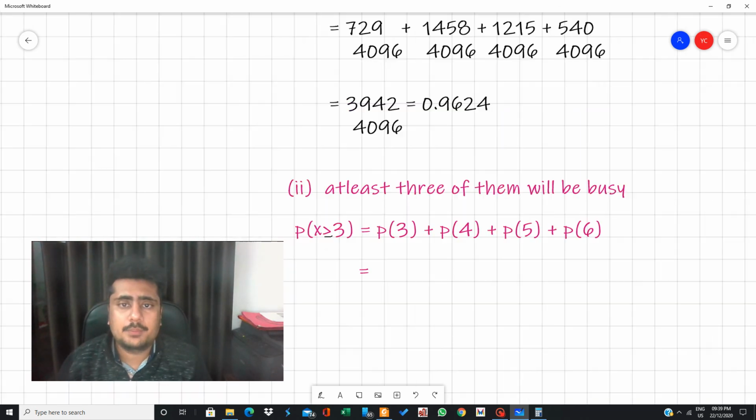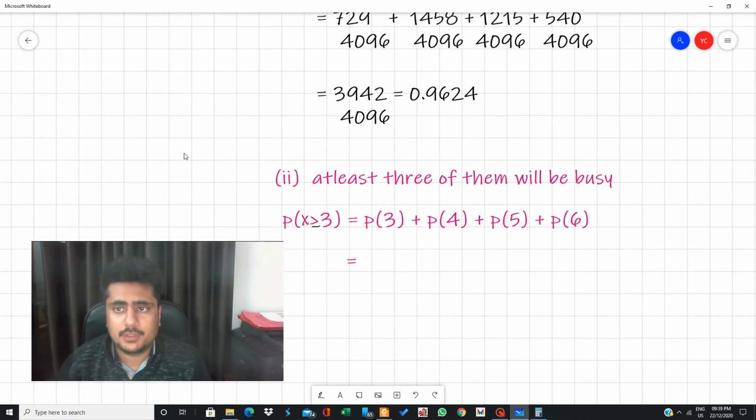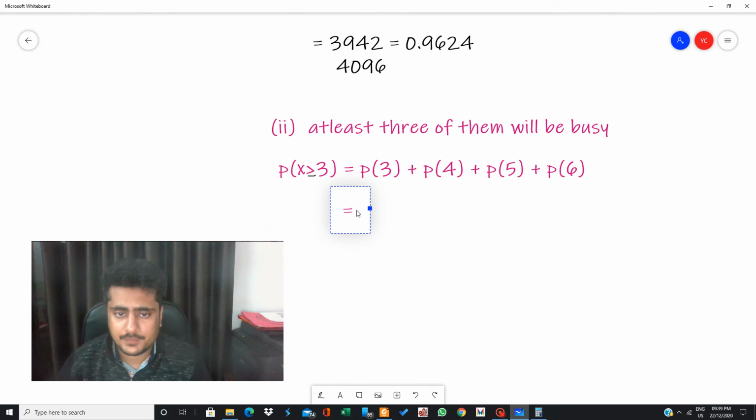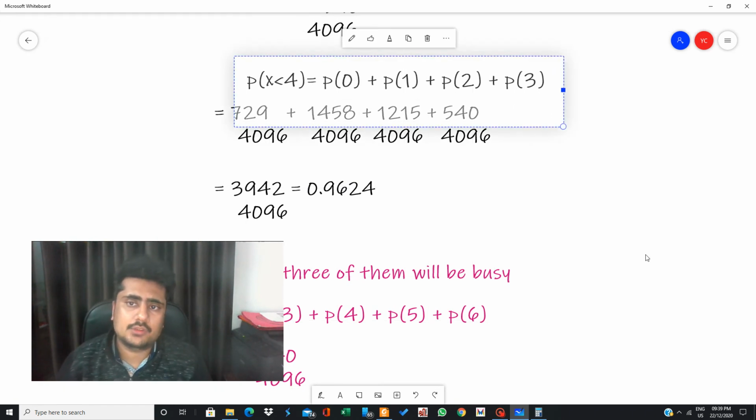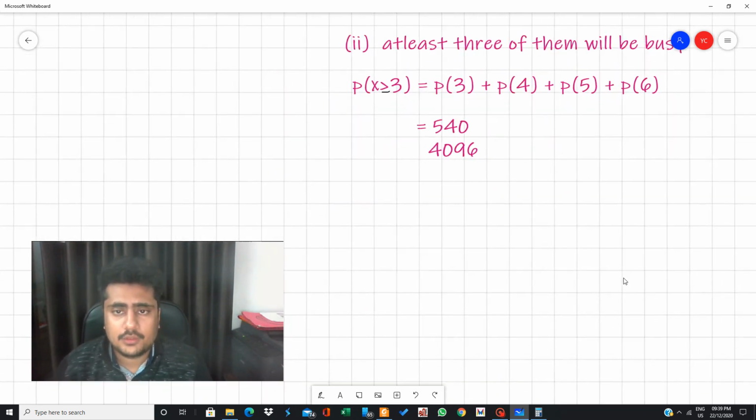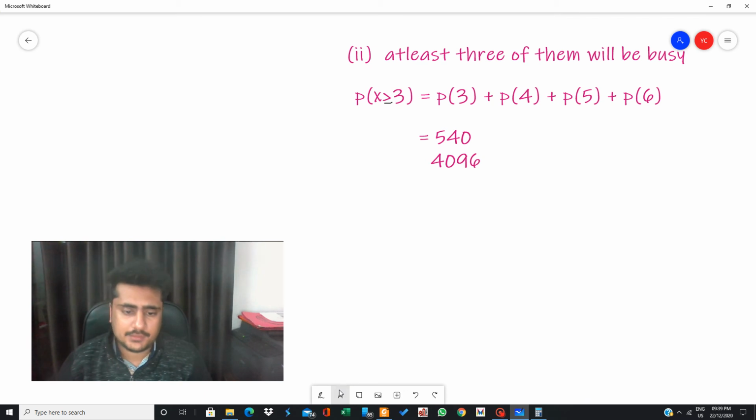Now you have P of 3, that is 540 upon 4096. So no need to find P of 3 again because we had solved that P of 3. You have to find P of 4, 5 and 6.